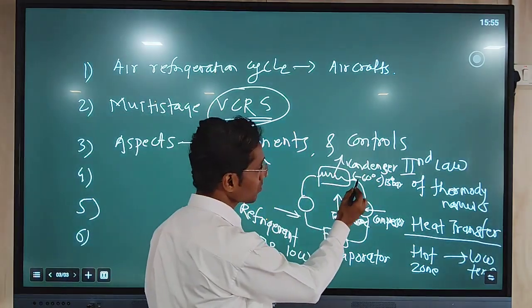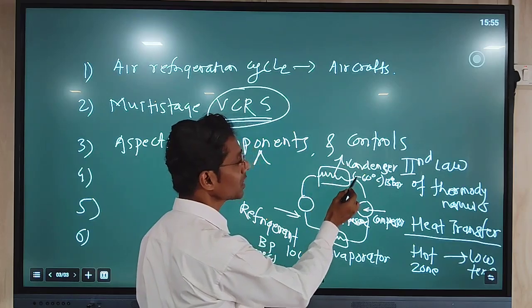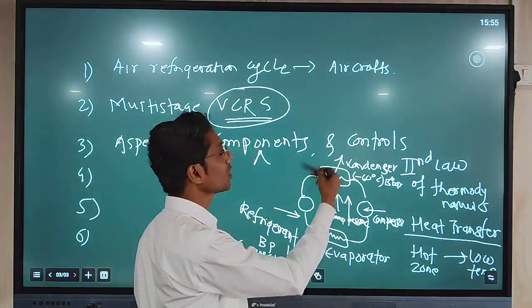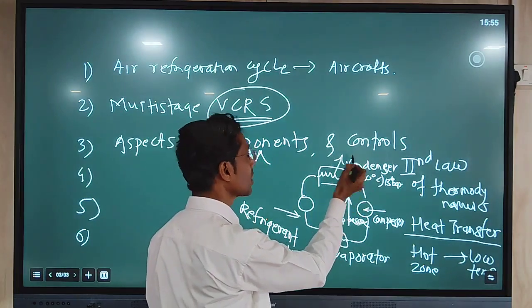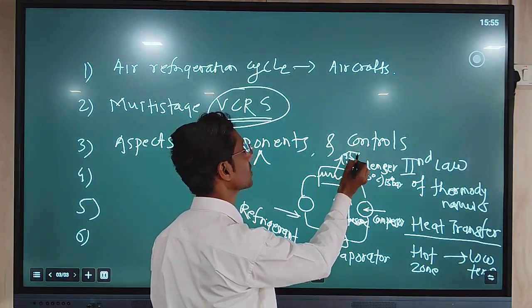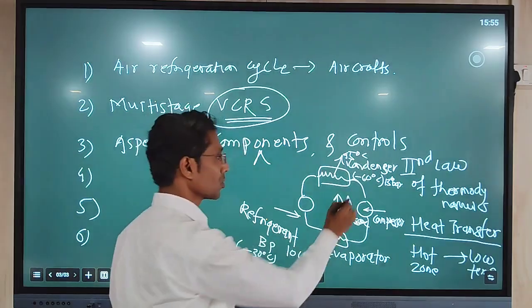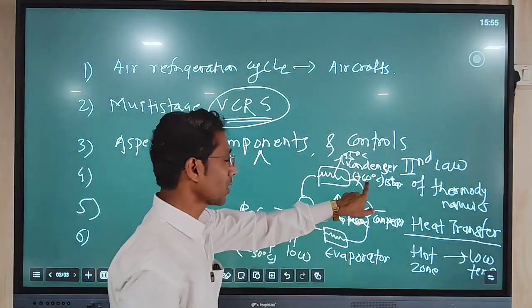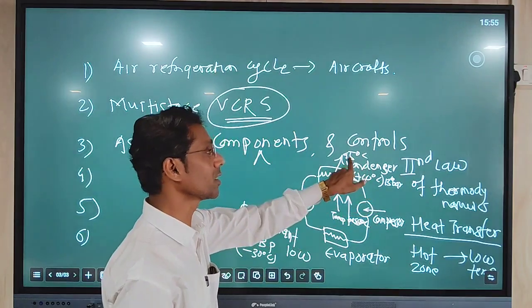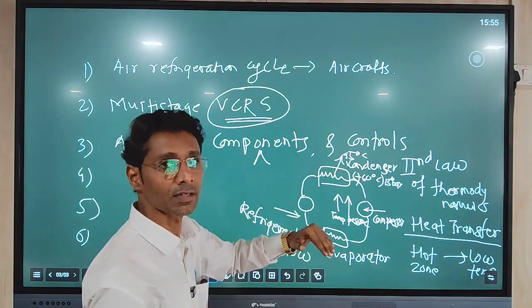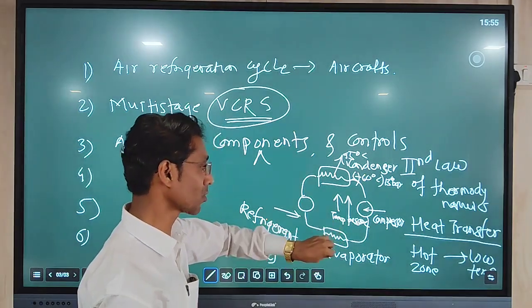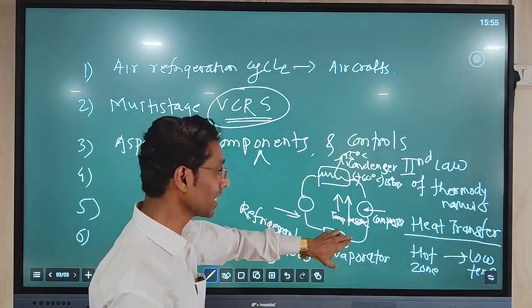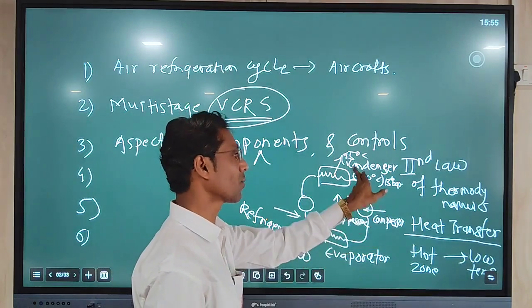So at this 60 degrees Celsius, now it is possible to reject heat to the surrounding, because the surrounding is at about, in summer say, 45 degrees Celsius. So from 60 degrees Celsius to 45 degrees Celsius, heat can be rejected. The amount of heat which was being absorbed here is transferred by the compressor.